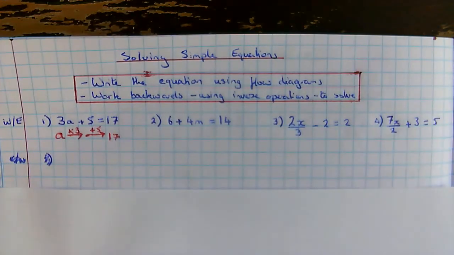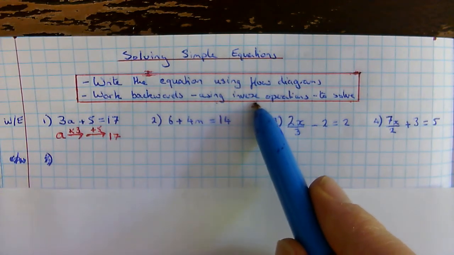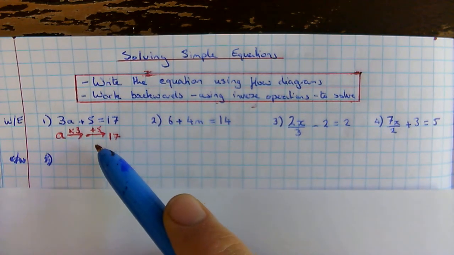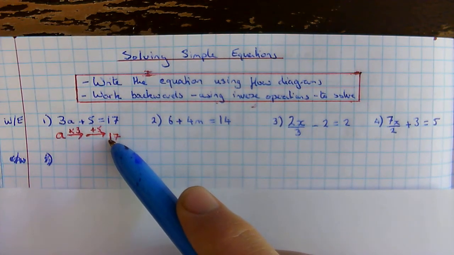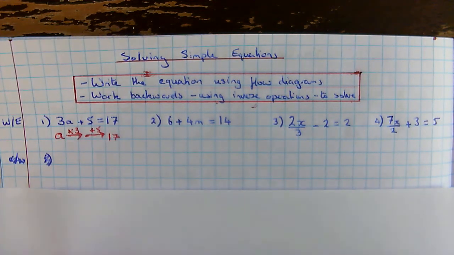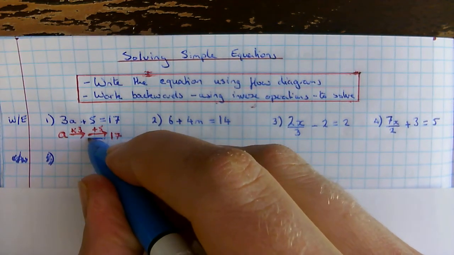So what I'm then going to need to do is work backwards using inverse operations to solve it. So working backwards, I'm starting at 17 and I need to work backwards to find out what I'd get for a. So let's have a look at what that looks like. Well, the opposite of adding 5, the inverse of adding 5, is taking away 5.